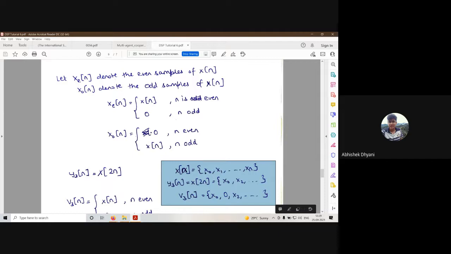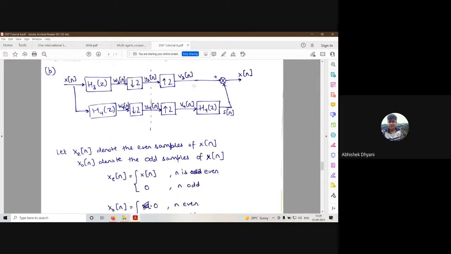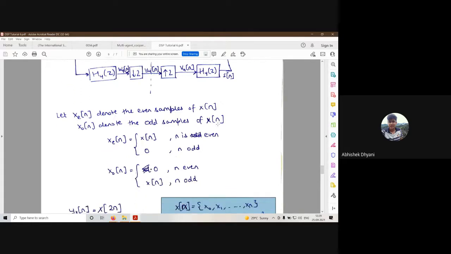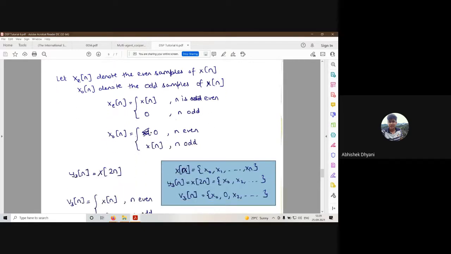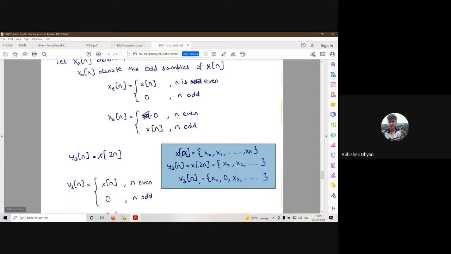Similarly, if we look at v3n, after we pass it through this upsampler, there will be a 0 inserted between every alternate value, because I is equal to 2. So v3n is nothing but y3n with 0 inserted. We can write v3n in terms of x of n: it is x of n for all the even values, so for the values 0, 2, 4, and so on, it is simply x of n, and for all the other values, it is 0.